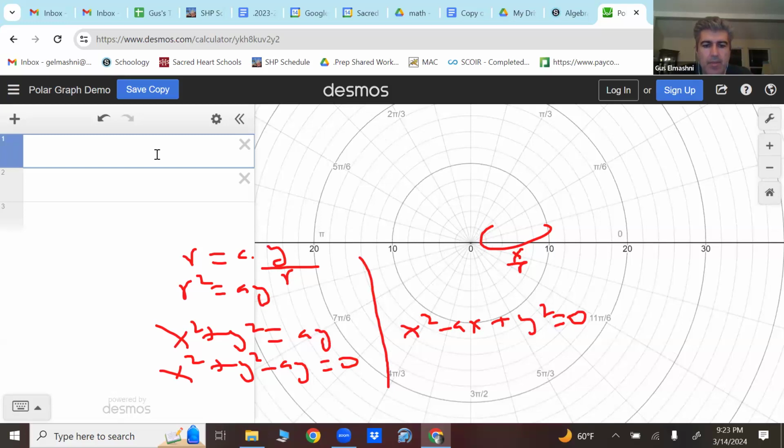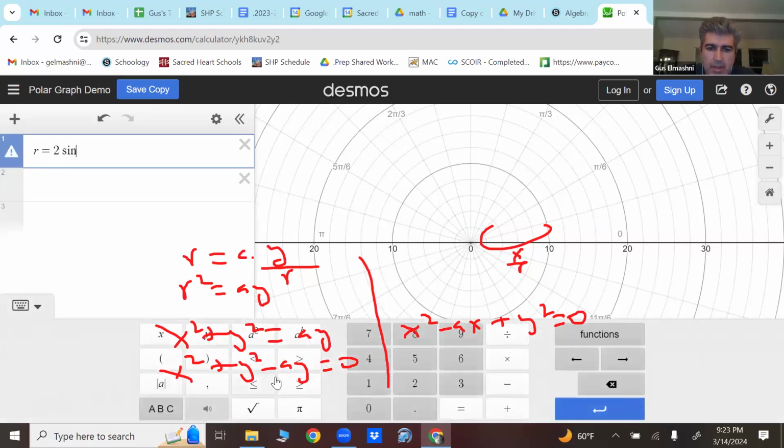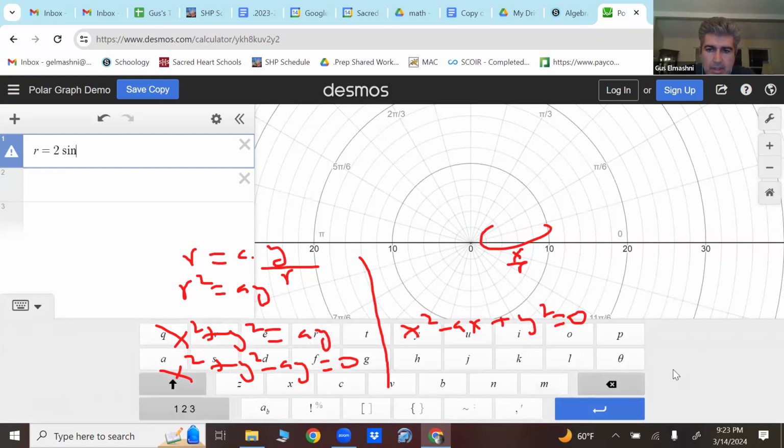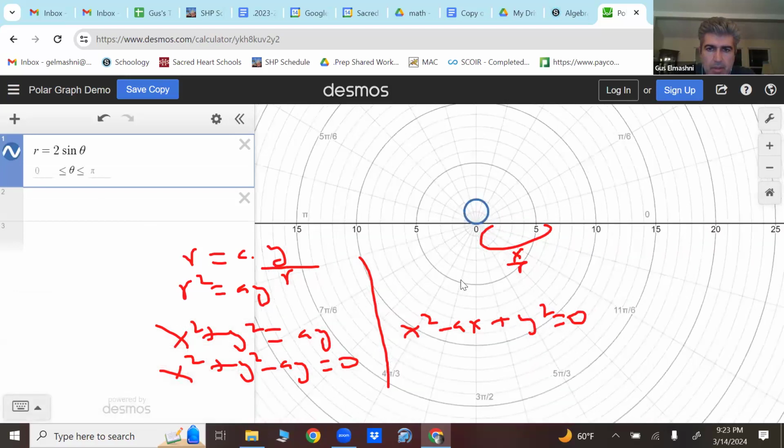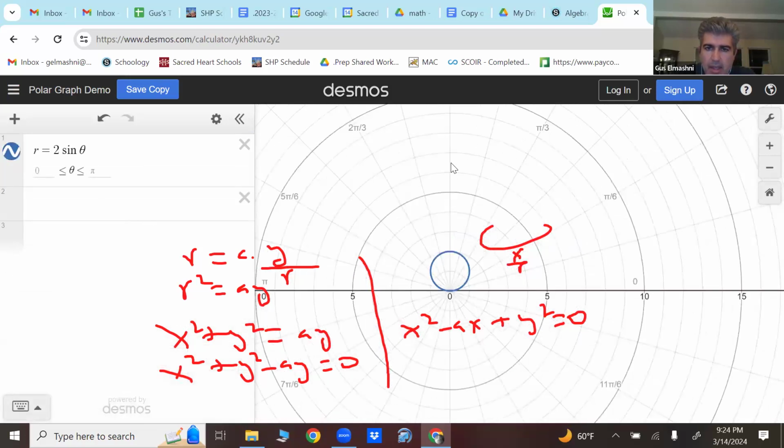If I were to do r equals 2 sine, look at theta. Here we go. So you get a circle like that.